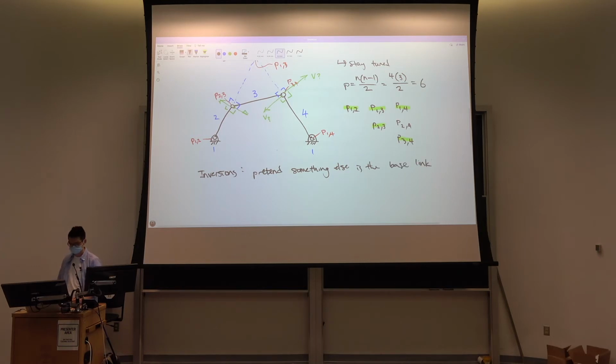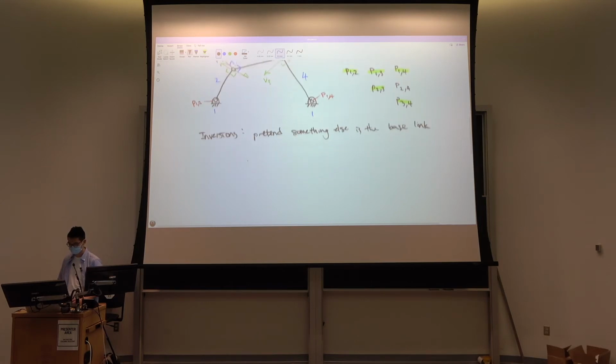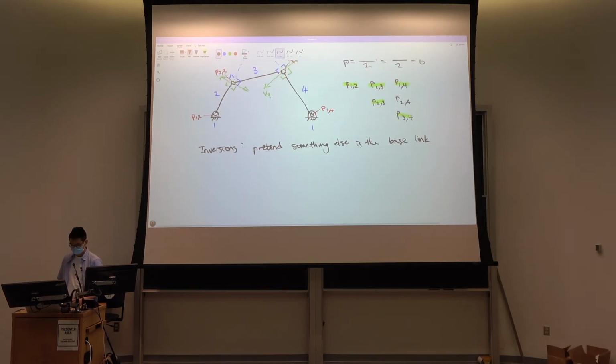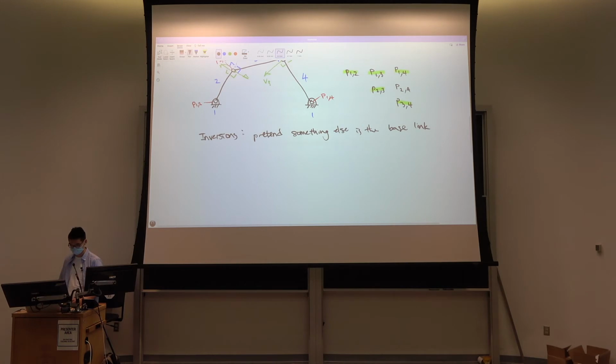Okay, that's all an inversion is. You're pretending something else is the base link. Okay, so let's try that. Maybe we can try that with links 2 and 4. Or sorry, let's try making link 2 the base link.